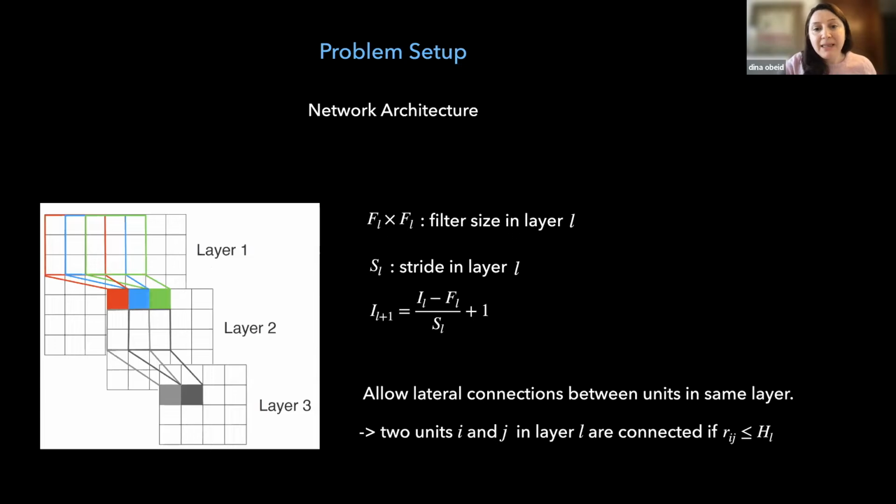Because you're forming the network in this way, you can actually predict what will be the size of your next layer from your previous layer. If you know the size or the length of the previous layer in one dimension, you know your filter, you know something called the stride, which tells you how much you slide the filter as you're moving it in the layer.